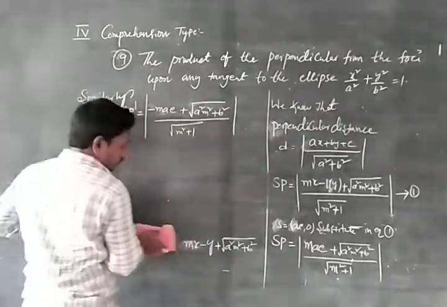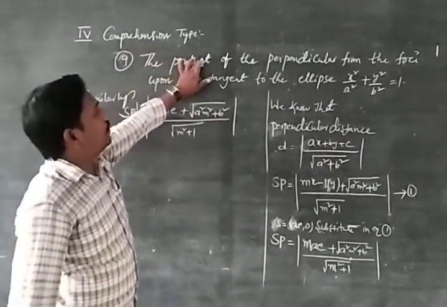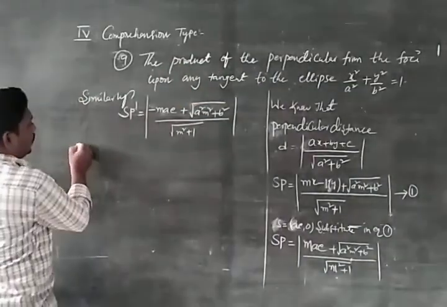Now, he asked the product of the perpendicular distances.